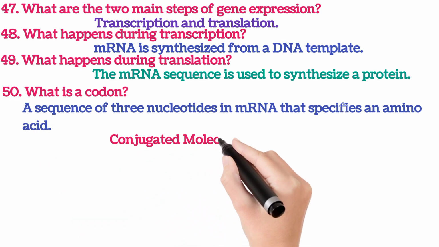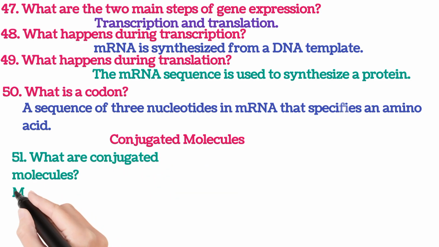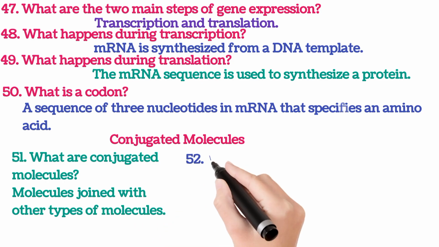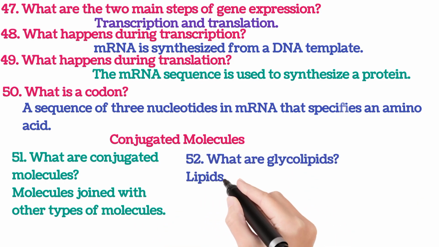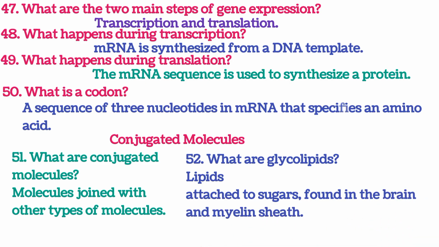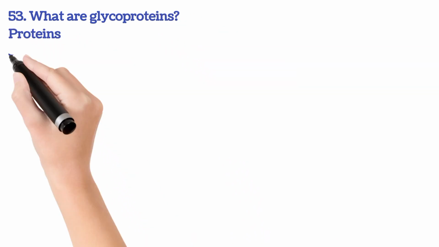Conjugated molecules. 51. What are conjugated molecules? Molecules joined with other types of molecules. 52. What are glycolipids? Lipids attached to sugars, found in the brain and myelin sheath. 53. What are glycoproteins?